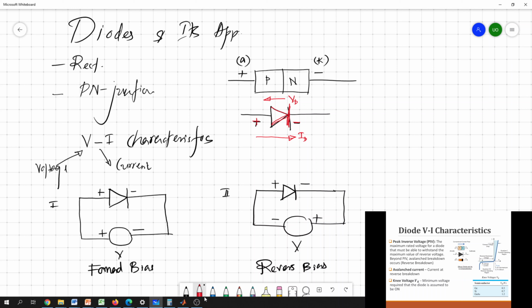This is the simple way of identifying that, but later on you can see that there may be a different mechanism to identify whether the diode is forward or reverse. But for the time being we'll just assume that once you connect the external source to the diode in this manner, the diode is forward biased. Once you reverse the polarity, the diode is reverse biased.